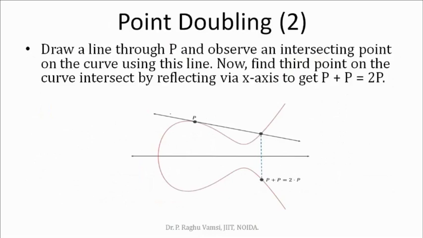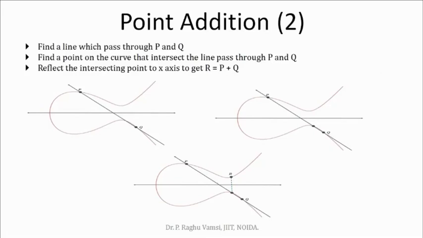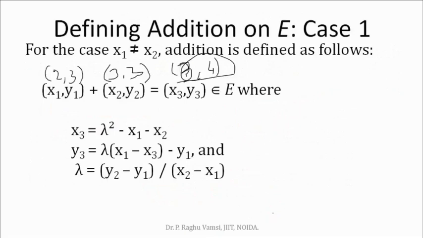In case of point addition, you do like this. Now this is the slope of the line, lambda. The slope of the line will be calculated like this: y2 minus y1 by x2 minus x1. Remember, all the calculations you do should form an abelian group.